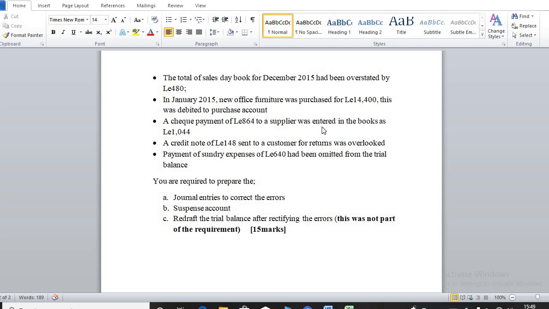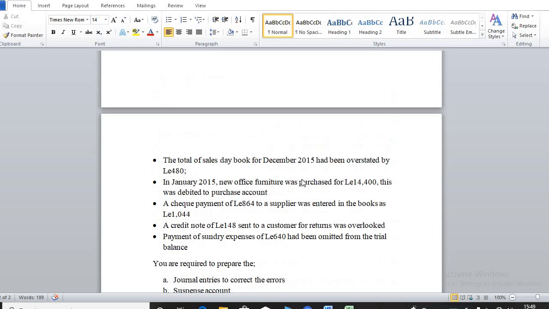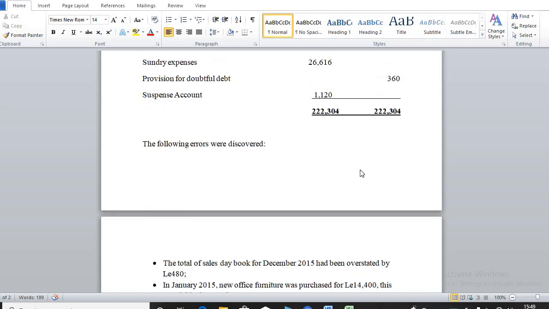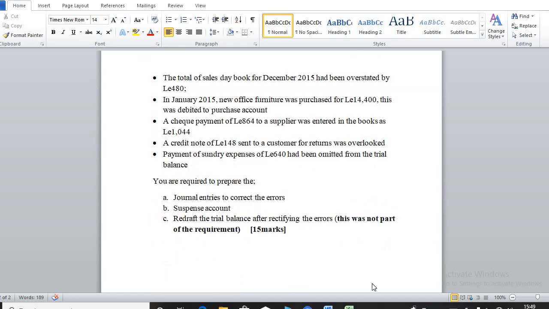You've committed errors within an error: you corrected the errors you identified, but made other mistakes in them. When you are done with the rectification, the difference should be no more.